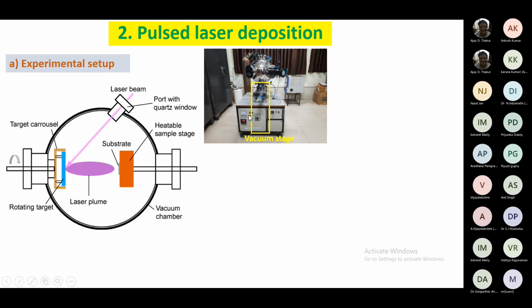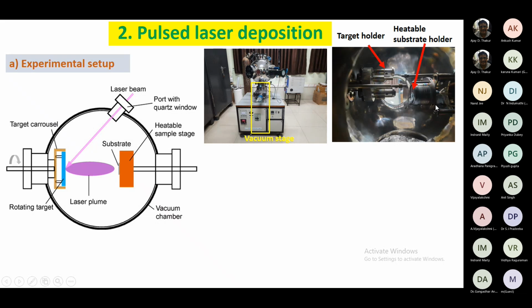So this is the vacuum stage what we have mentioned already, and behind that the roughing pump is present. It was not shown here, but the rotary vane pump is behind that. Then by zooming inside the vacuum chamber, you can see the target holder, and some targets are already pasted here, and it is the substrate holder with the heater arrangement also inside it.